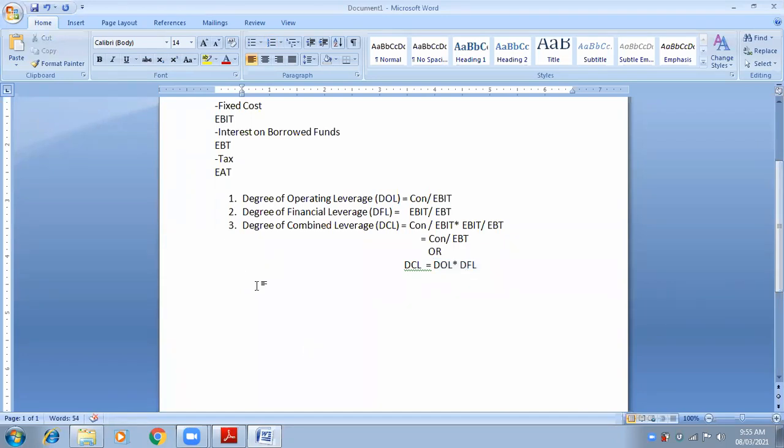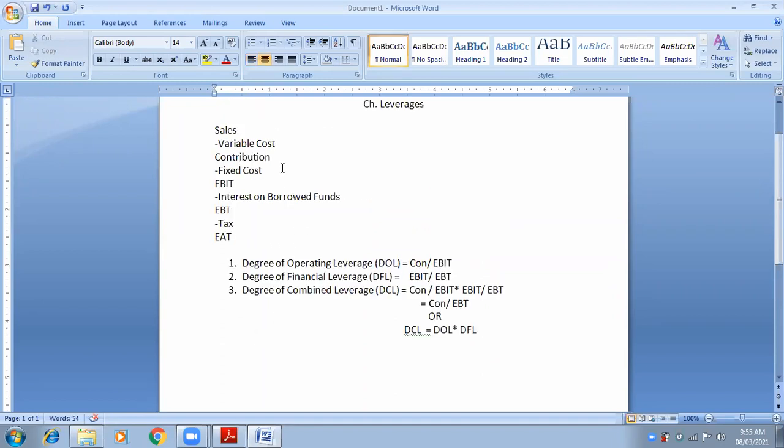So we are done with the three formulas. And these three formulas will be calculated with the help of this format. Until we take this format out, we will not be able to calculate the formulas, because we need contribution, and contribution will be calculated in this format. Because we need EBIT, EBIT will be there in this format.